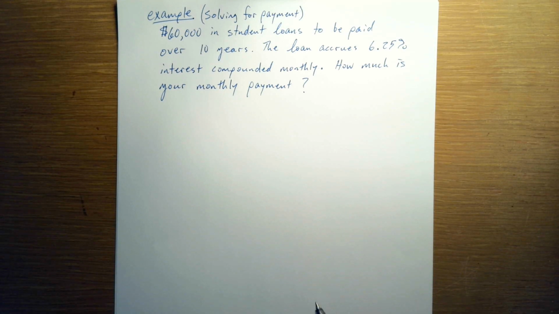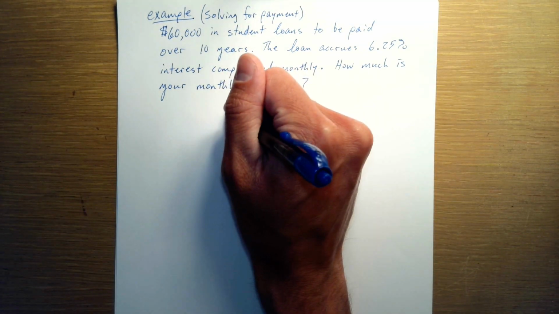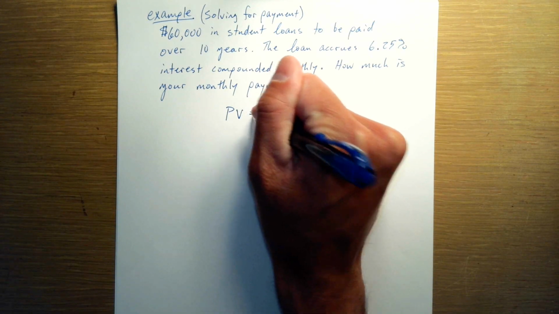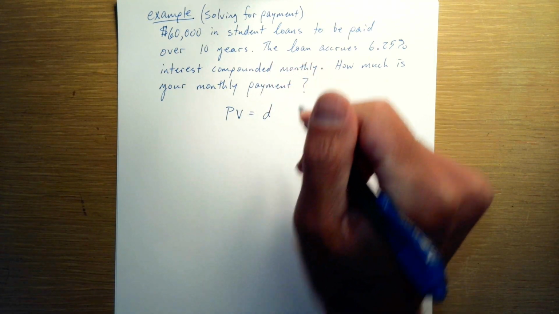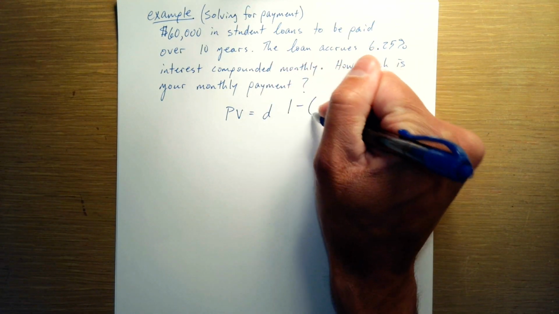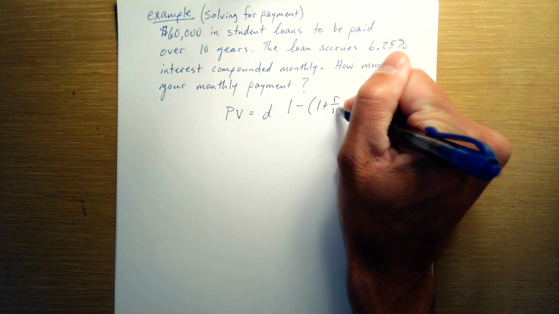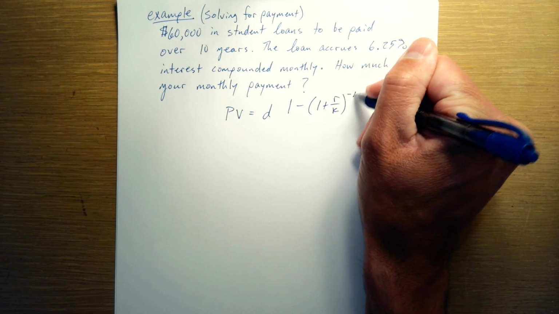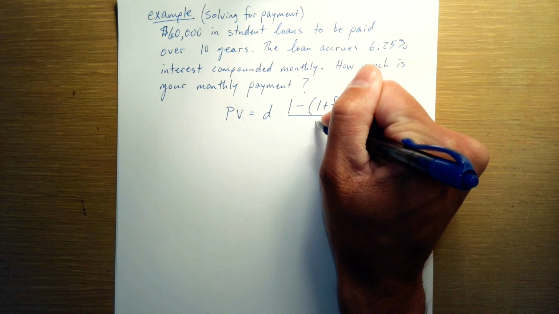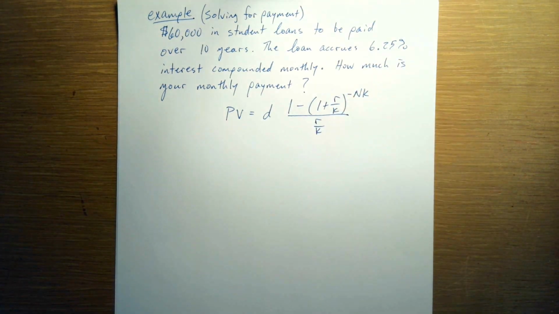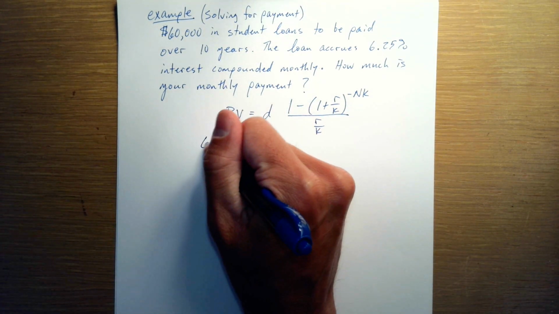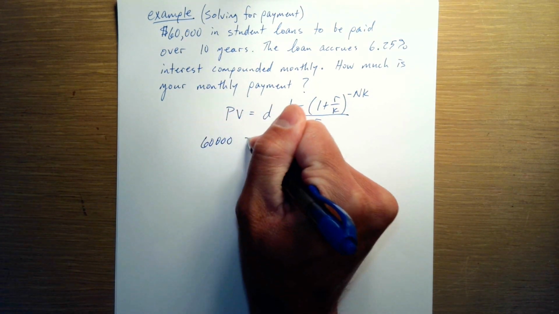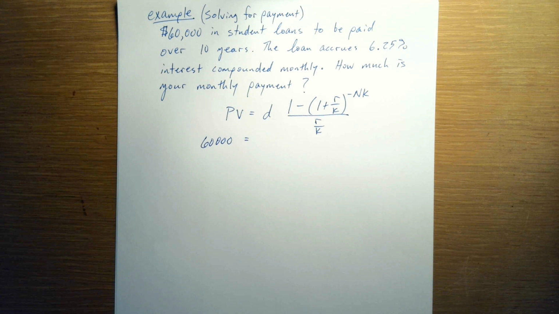And this is basically a solve for lowercase d type problem. So we use our formula. Present value is d, that's what we want to solve for. I'm just recopying this so we have it here. And we'll plug in what we know. So the present value, that's 60,000. That's the initial amount that starts in the account.